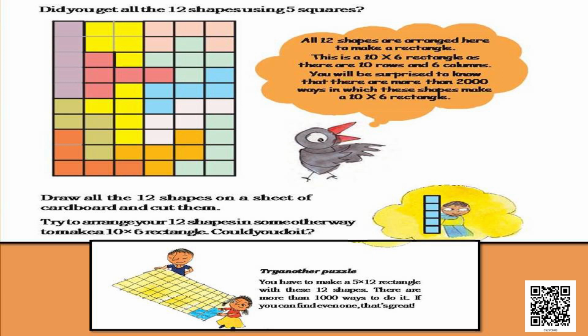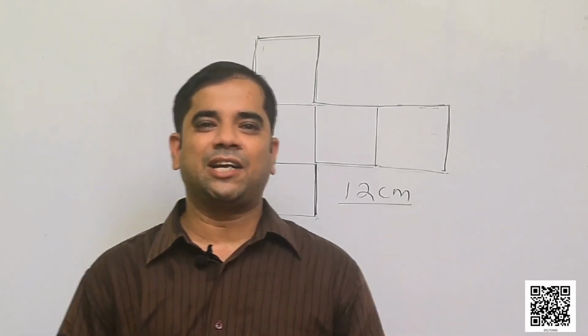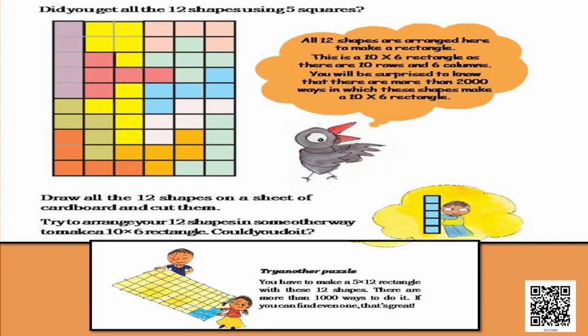So the total area will be 10 into 6, that is 60 square centimeter. And you will be surprised to know that there are more than 1000 ways in which these shapes make a 10 into 6 rectangle. Got it? Students, you can find all the 12 shapes that you can construct using these 5 squares, as you can see on the screen.